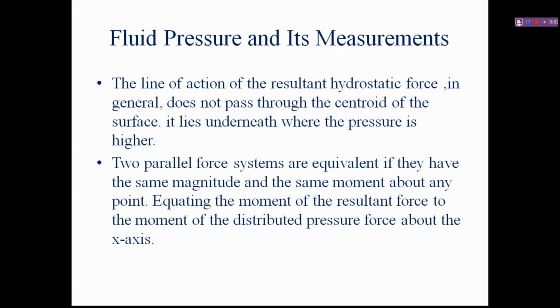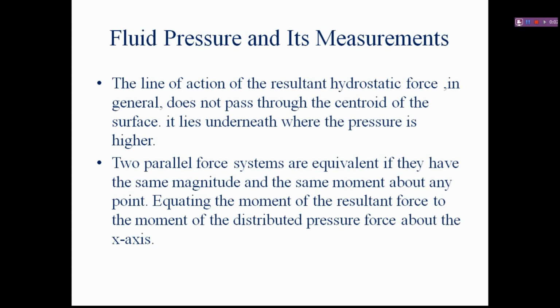The line of action of the resultant hydrostatic force in general does not pass through the centroid of the surface. It goes below, or lies underneath, where the pressure is high. What is the centroid of the surface? The centroid of the surface is the center of the geometrical shape of the object. So this line of action of the hydrostatic force does not pass through the centroid and lies underneath where the pressure is higher.